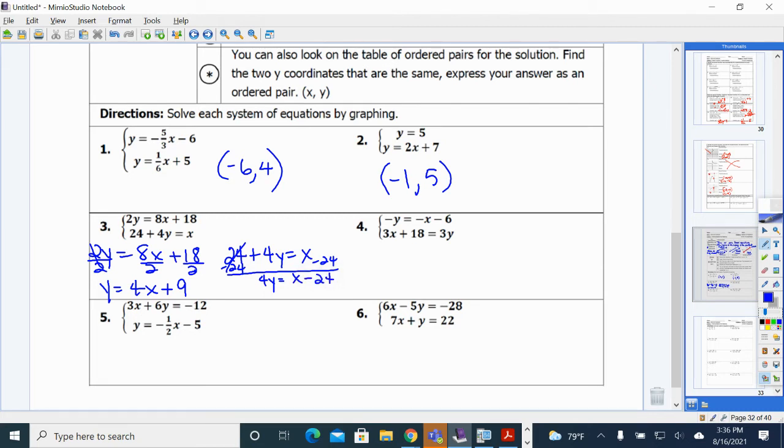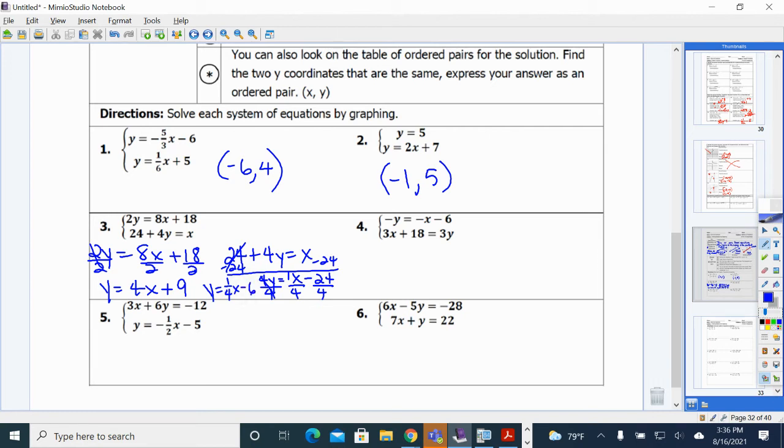Now, when we divide everything by the 4 here, you get y equals, this is 1/4 x, 24 divided by 4 is a 6, so minus 6.